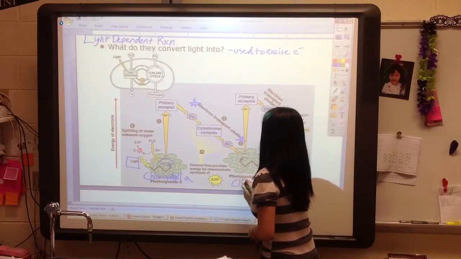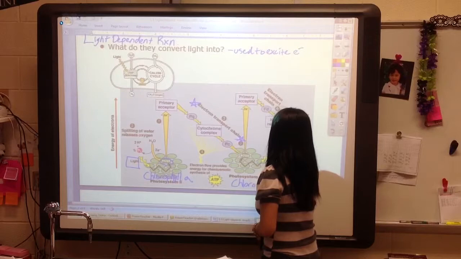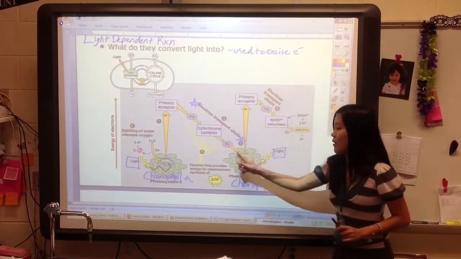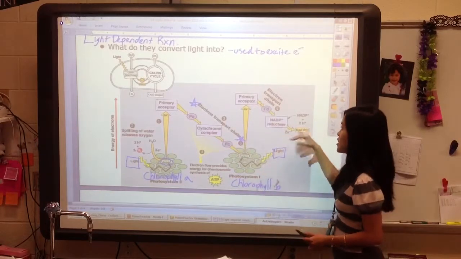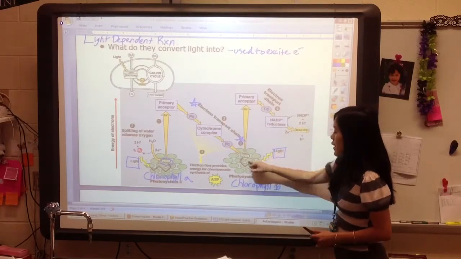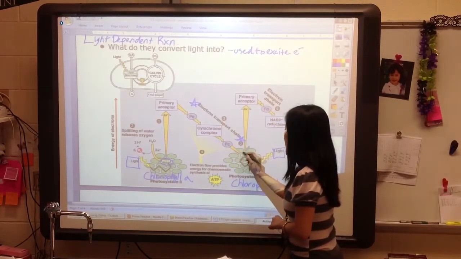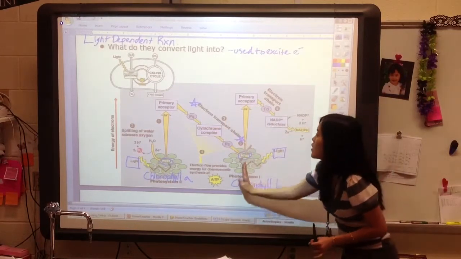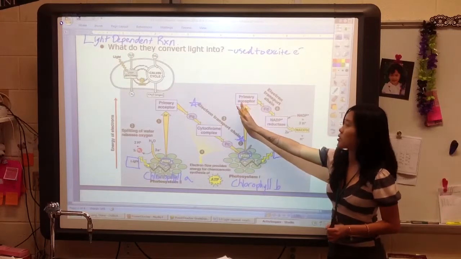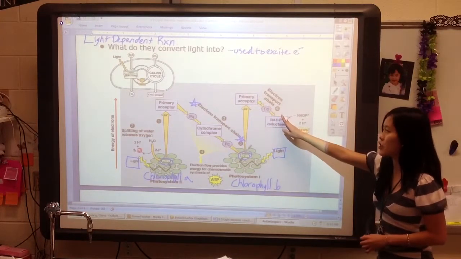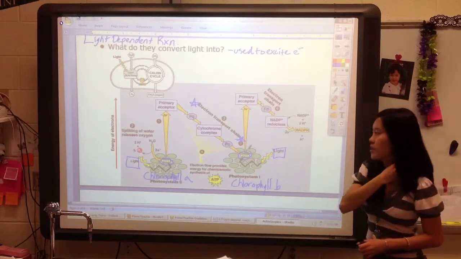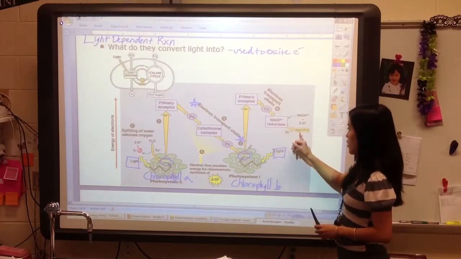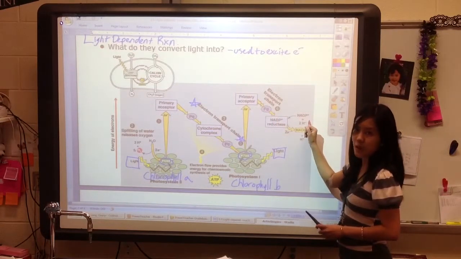Photosystem 1 contains chlorophyll B. And now that they're low in energy, we'll take more of the light wave, P700, and we'll excite those electrons again, goes up to another primary acceptor, goes through another electron transport chain, a slightly smaller one, and we'll donate those electrons to the carrier, NADP+.